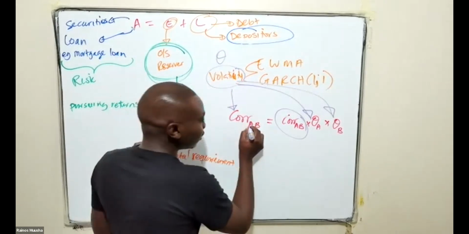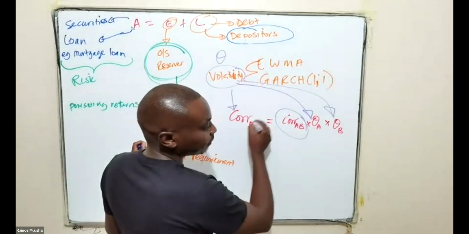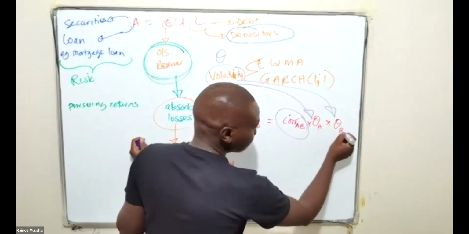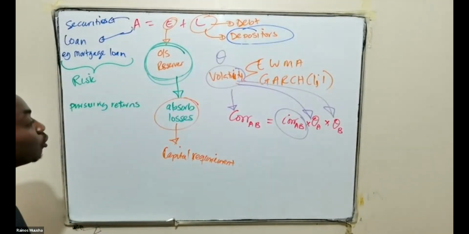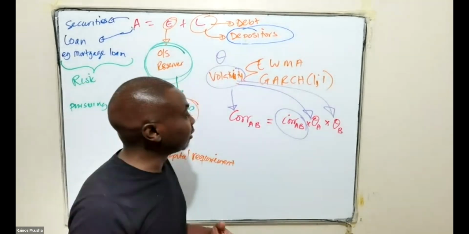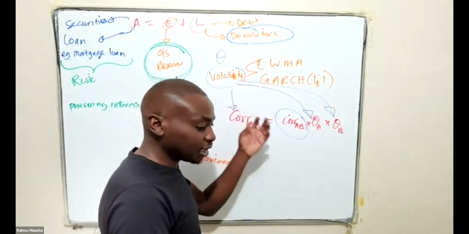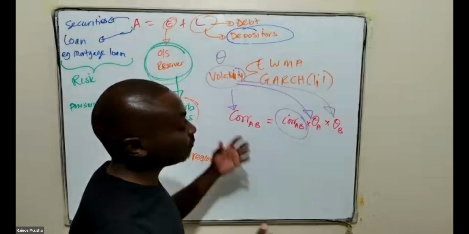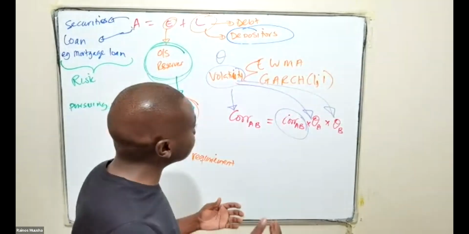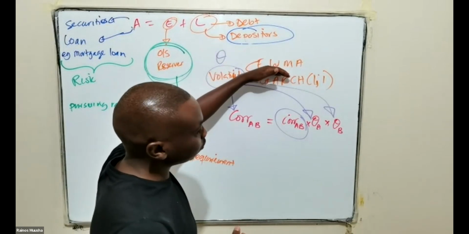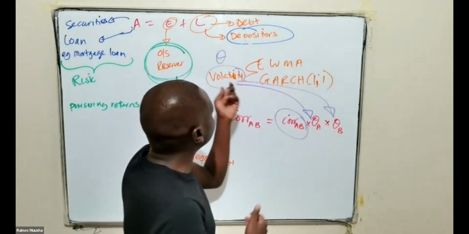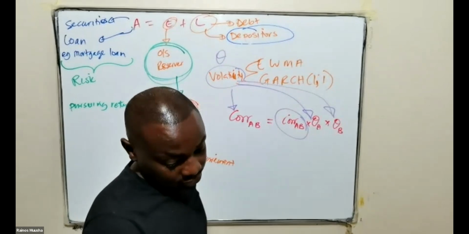That's what we're going to be covering in chapter 11. That's why I say chapter 10 and chapter 11 are very much related. When you look at the exponentially weighted moving average method and the GARCH model, we are also going to be using them in chapter 11 of the textbook.